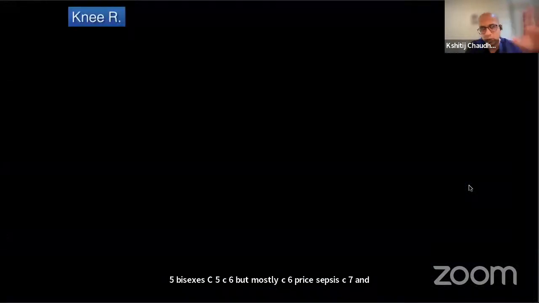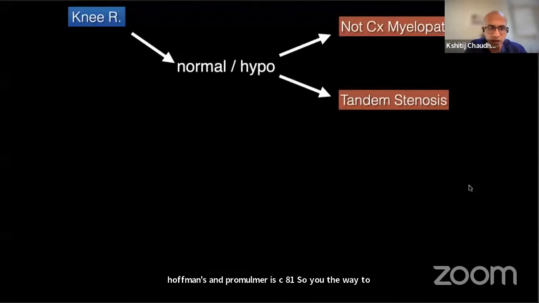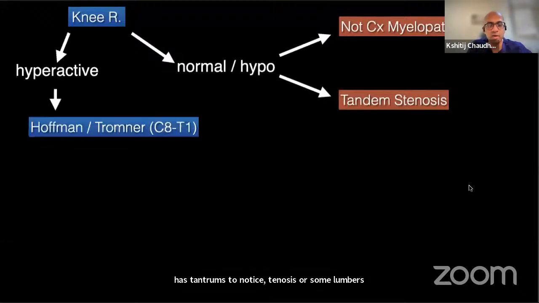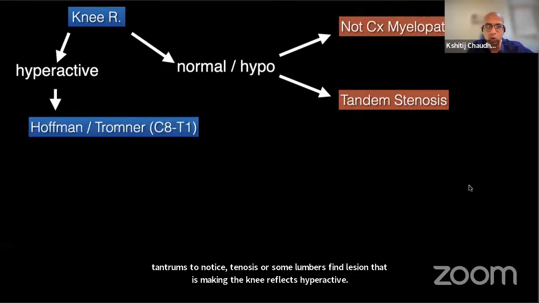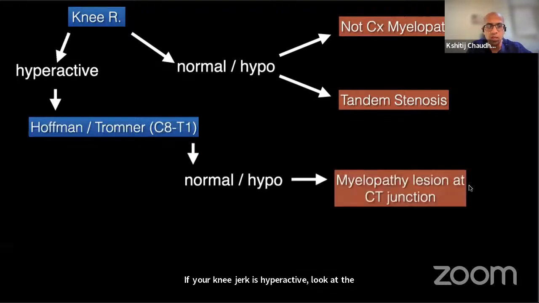So the way to remember this is like this. If your knee jerk is normal or hypoactive, then it is either not cervical myelopathy, or the patient has tandem stenosis or some lumbar spine lesion that is making the knee reflex hypoactive. If your knee jerk is hyperactive, look at the Hoffman's or the Tromner's. If the Tromner's is normal or hypoactive, the patient may have myelopathy.